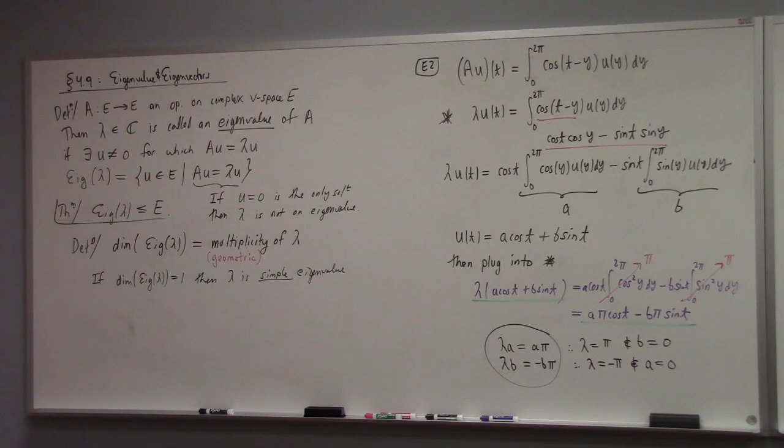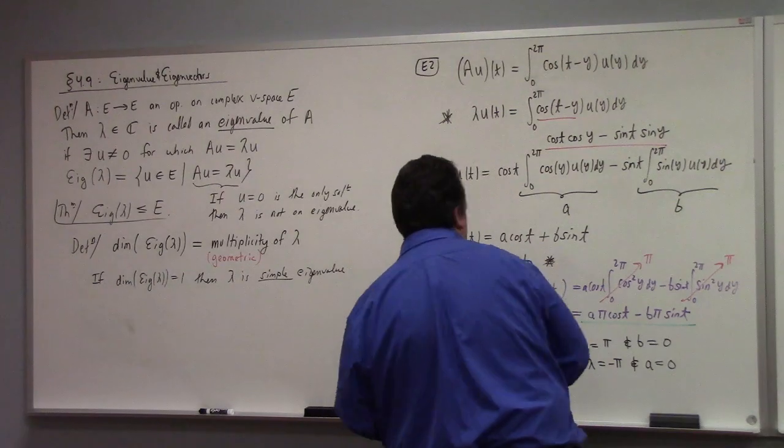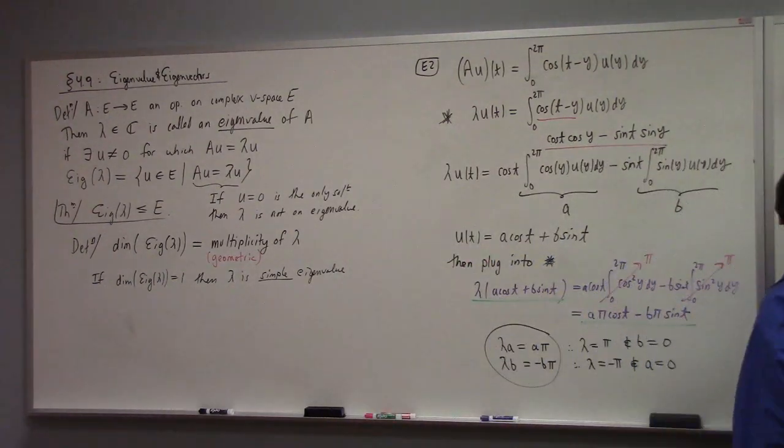So let's see here. Note that if lambda is not an eigenvalue of A, the operator A minus lambda I is invertible, and conversely. All right. Remark.